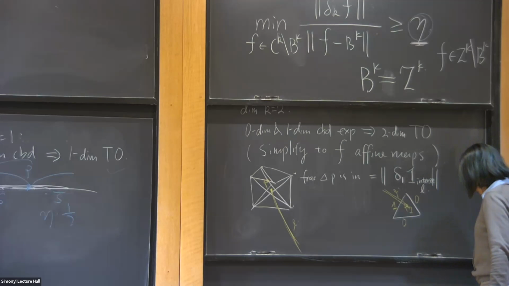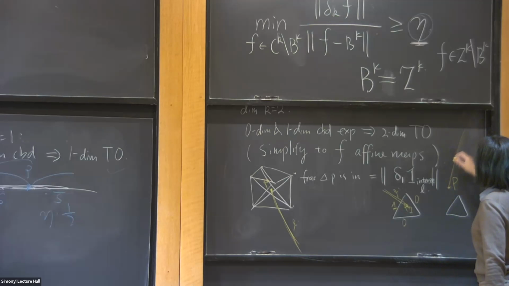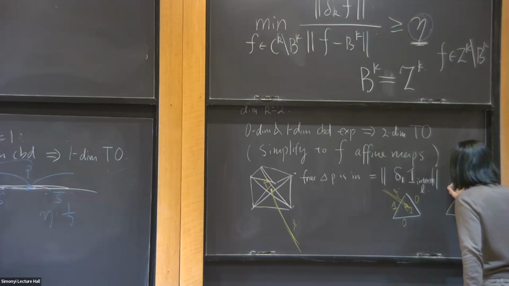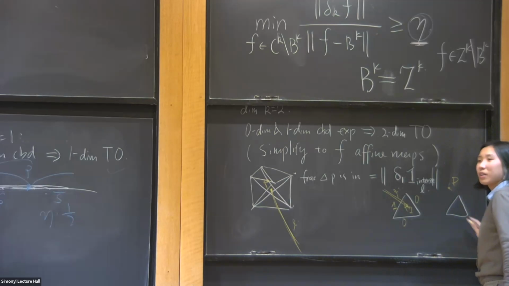On the other hand, if a triangle does not contain P, either this line L doesn't touch the triangle at all, or it touches it twice. Let's exclude the very weird case when it just touches one of its edges.